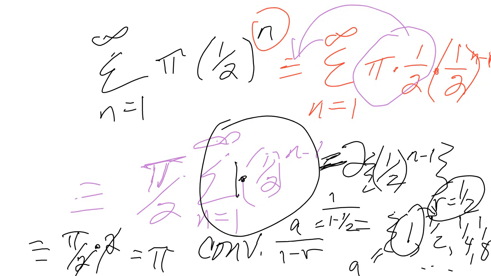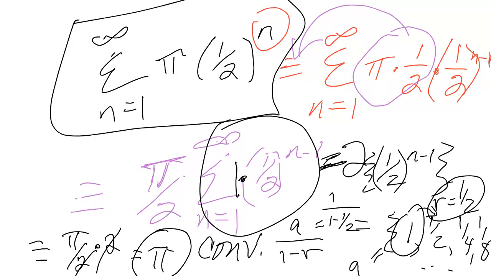And that says that, hey, the limit of this series that I gave you here is convergent, and it converges to pi. So if you add up all of these terms as n equals 1 to infinity, it ends up equaling pi.